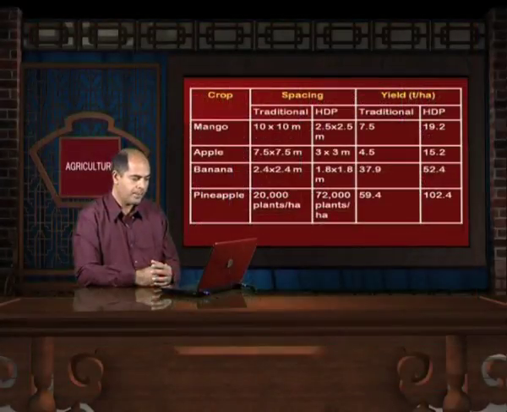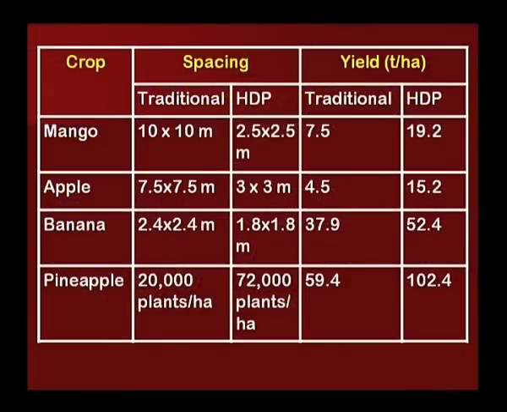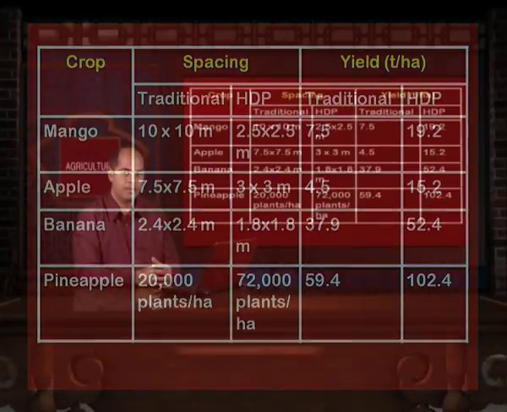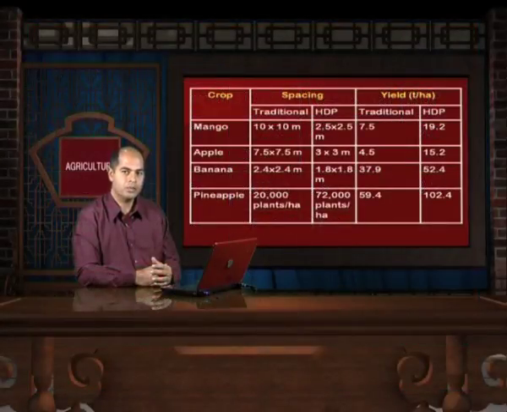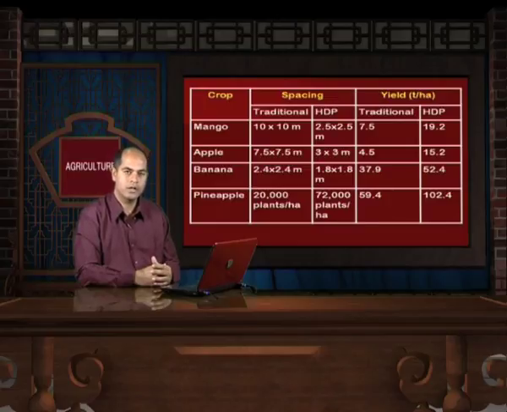And in pineapple, 20,000 plants per hectare are planted in traditional systems, whereas 72,000 plants per hectare in the HDP system. The yield obtained in the traditional system of pineapple cultivation is 59.4 tons per hectare, whereas in the HDP system it is 102.4 tons per hectare.